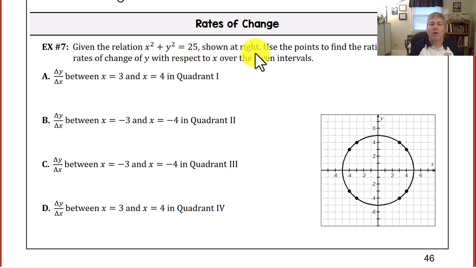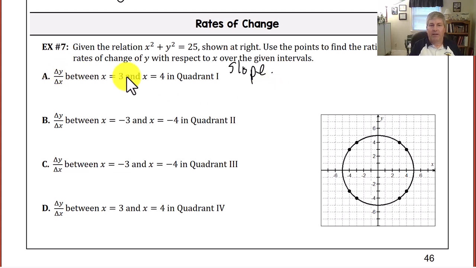It says use the points to find the ratios of the rates of change of y with respect to x over the given intervals. So when we're asked for rates of change of y with respect to x, this is what we know as our slope. We're going to find the change in y over the change in x between x of 3 and x of 4 in quadrant 1.